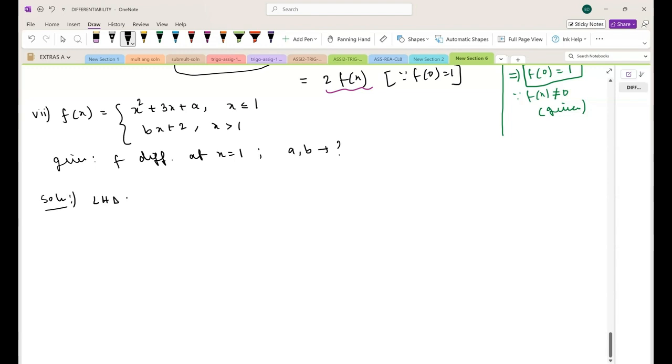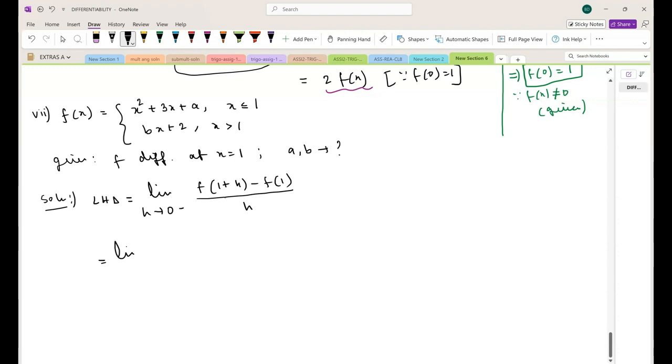So let's first find out what is LHD. I'm not skipping the definition here. Limit h tends to 0 minus, so it is f(1 plus h) minus f(1) by h. Okay, so h is negative.